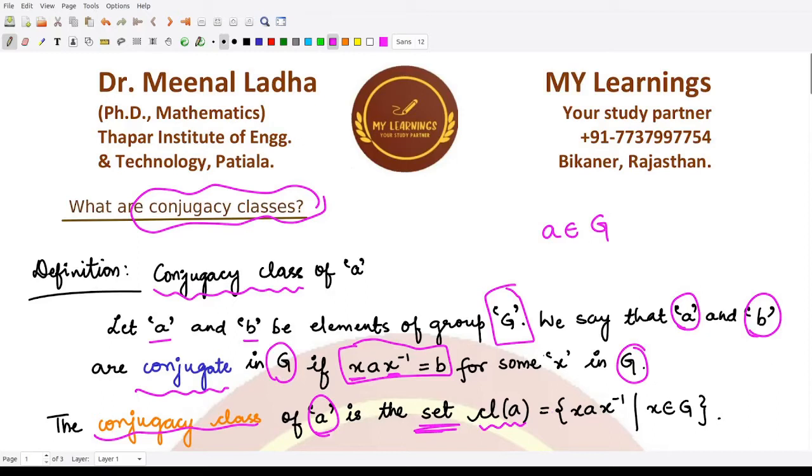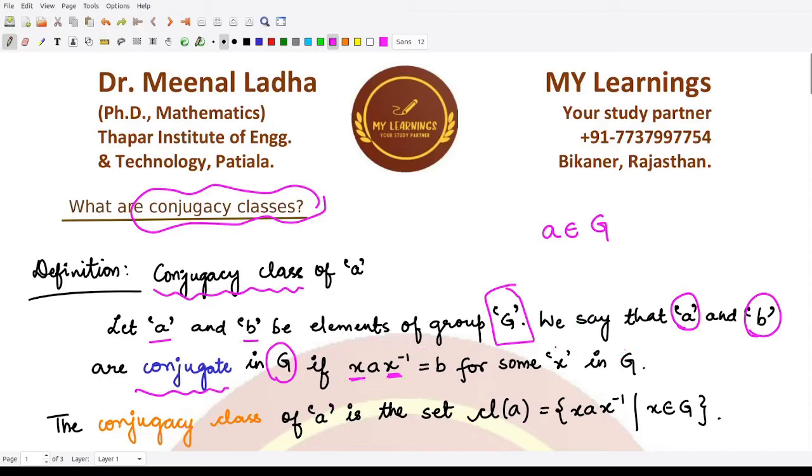Now this is multiplication here whenever the group operation is multiplication, and we have different group operations if a different group operation is given to us. So taking this in mind, you should understand that the conjugacy class of some element A contains all those elements which are conjugate to this element A.